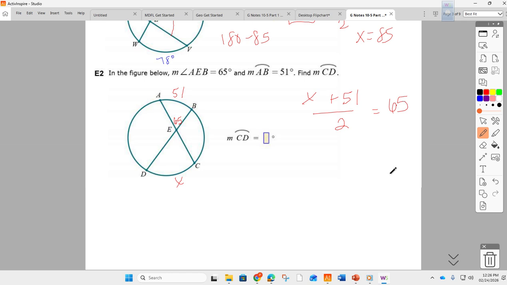Can you write it down for me, Adine? We're going to start by multiplying both sides by 2, right? And now we're left with x plus 51 on the left side and 130 on the right side.